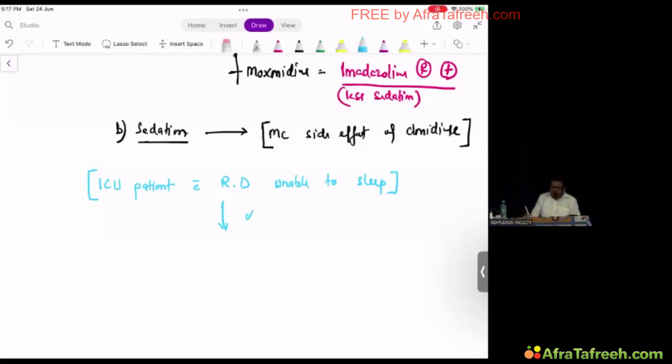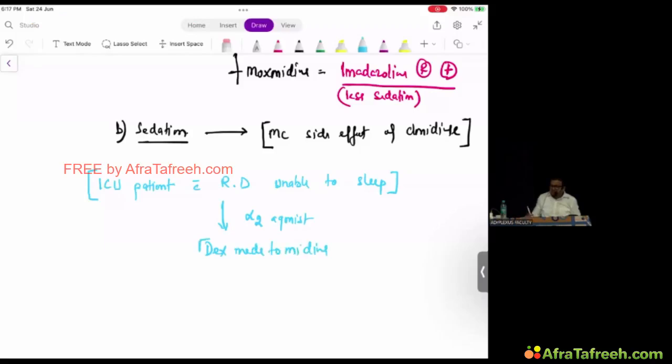So we have developed an alpha 2 agonist by the name dexmedetomidine. So dexmedetomidine is used as a sedative in patients with respiratory depression in ICU.